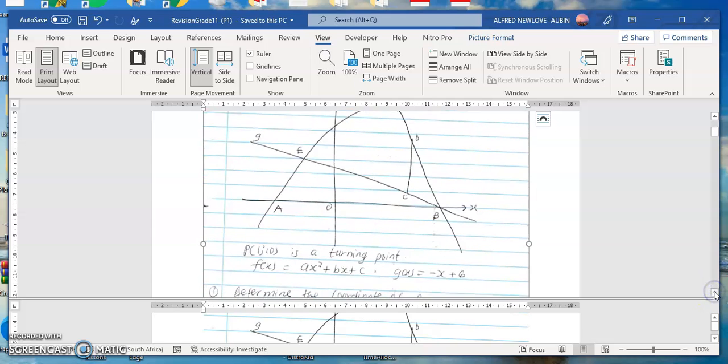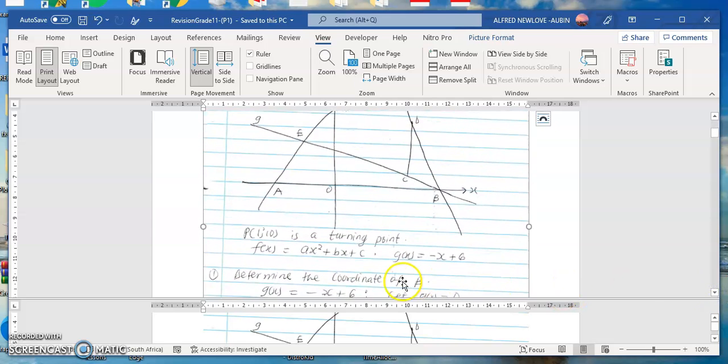Then the question says determine the coordinates of B. This coordinate. How are we going to do that?